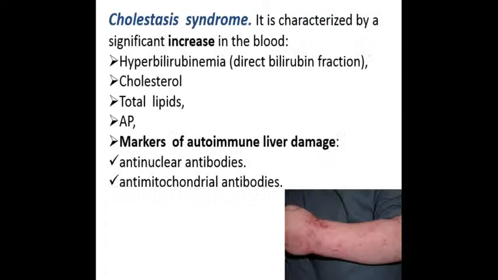If we do laboratory examination, we can usually see parenchymal or obstructive jaundice and increased bilirubin, and also increased cholesterol, total lipids, alkaline phosphatase if the patient has inflammation in the bile duct, and maybe markers of autoimmune liver damage. It is anti-nuclear antibodies and anti-mitochondrial antibodies.